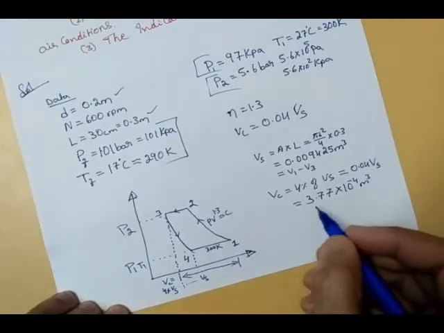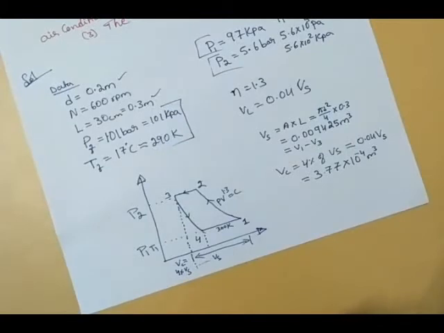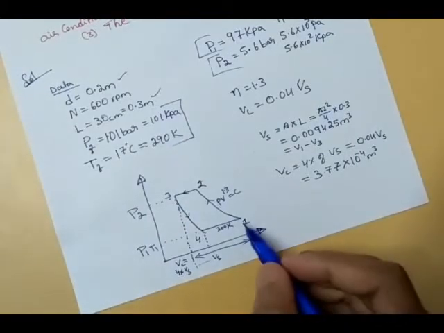Right. So we have Vc, we have Vs. Next we have to find out V1.